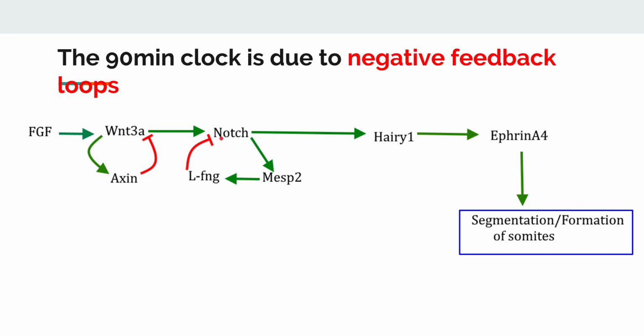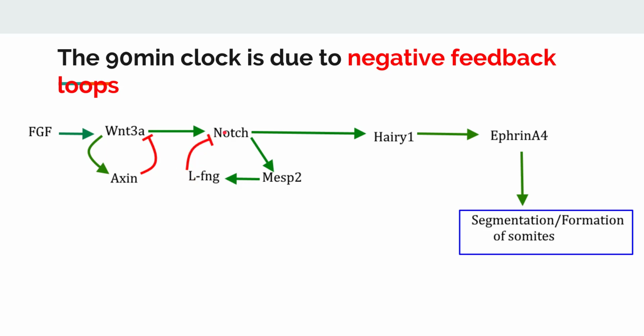But when Notch is activated, before Wnt3a gets shut off by axin, Notch will actually activate MESP2 in addition to Hairy1. Then MESP2 will activate L-fringe, which will in turn come back around and inhibit Notch.